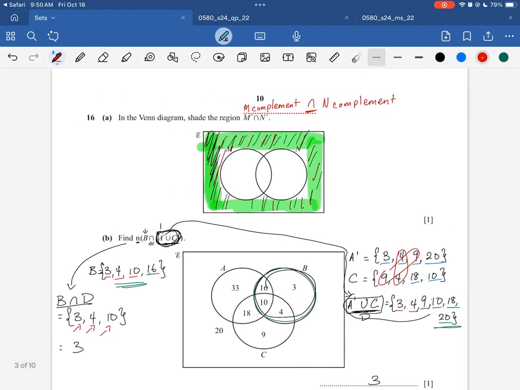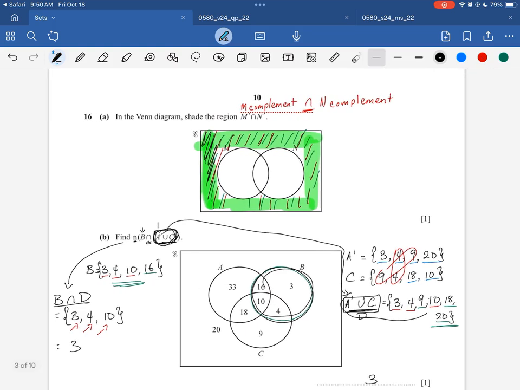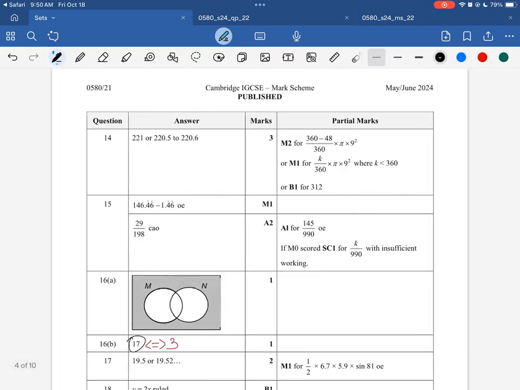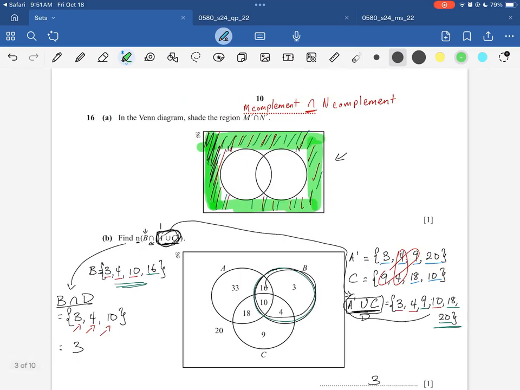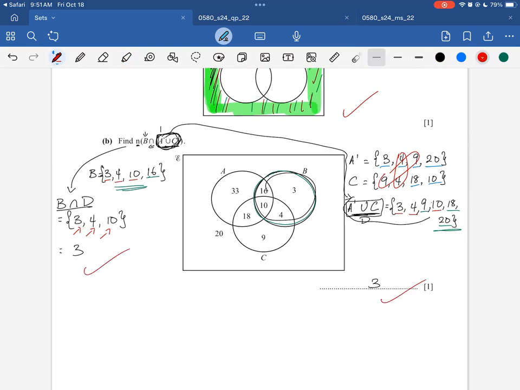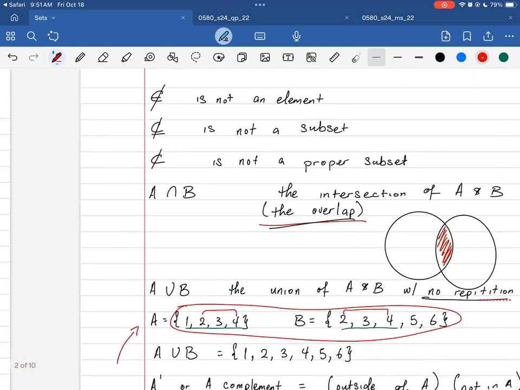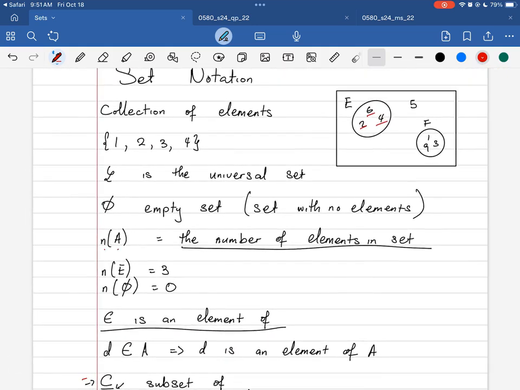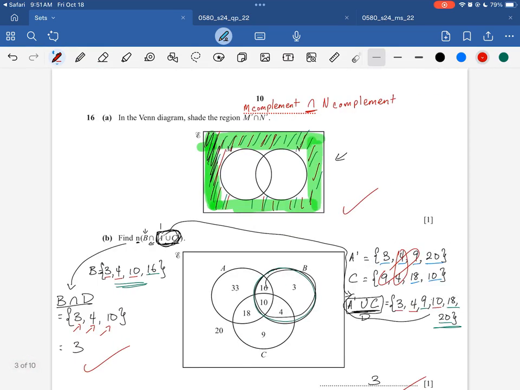Anyways, if you look at 16A, you got everything outside it. We did that right here, so this is fine. But like I said, I still believe that this is 3. If you don't believe what I'm saying, you can go ahead and ask someone else. But the basic rules of sets do say that if you have n of A or n of A union B, it means the number of elements in that set, not the addition of elements.